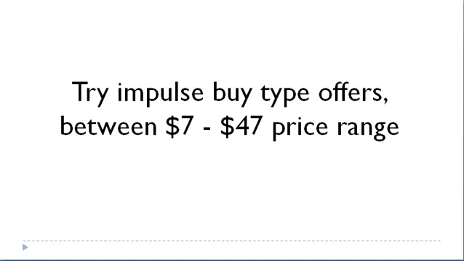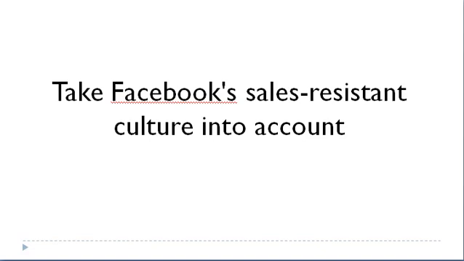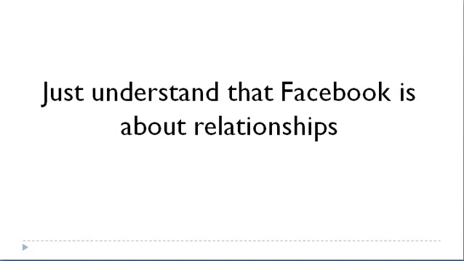So, take Facebook's semi-sales resistant culture into account and adjust accordingly. I think the sandwich page idea, two-stepping it, is a pretty good way to accomplish that. And just always keep in mind that Facebook is about relationships. And so that's why our favorite strategy is around building fans inside of Facebook.